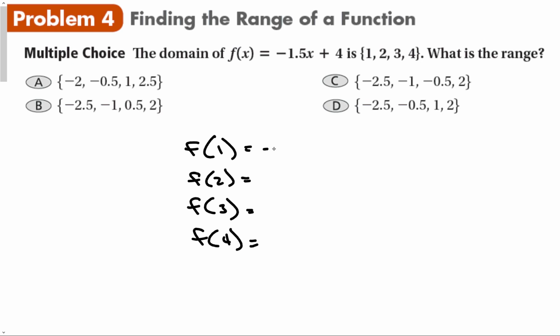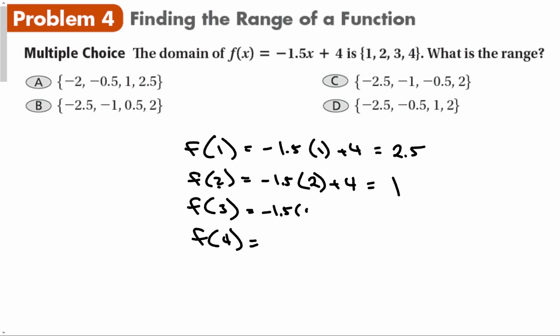So f of 1, that's negative 1.5 times 1 plus 4 gives me 2.5. Then negative 1.5 times 2, because now that's what I'm inputting into my function, plus 4 gives me 1. Negative 1.5 times 3, replace my x with my independent variable, gives me negative 0.5.